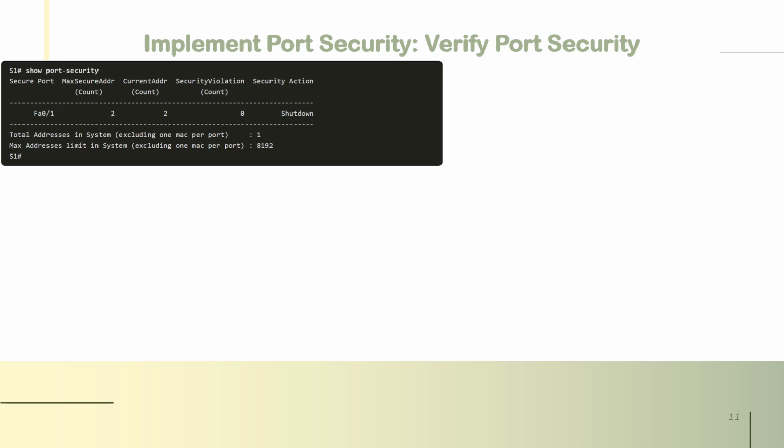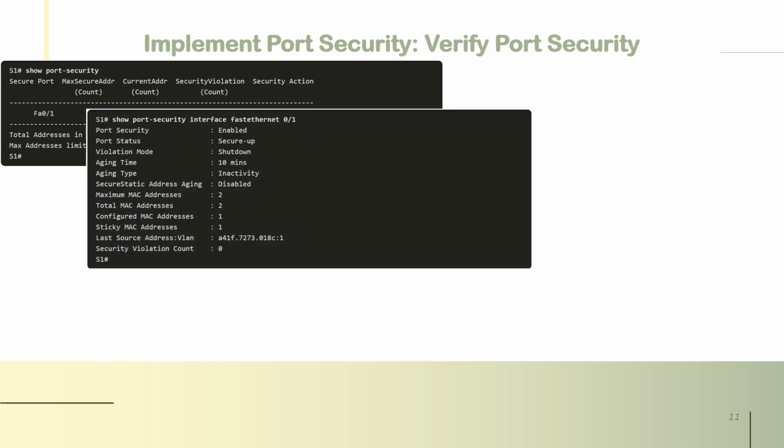And for the port security for a specific interface, we use the show port-security interface command followed by the interface number. With this, we view details for a specific interface and all the kinds of security set up for that interface.